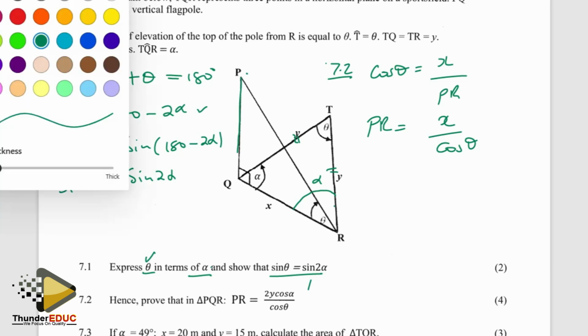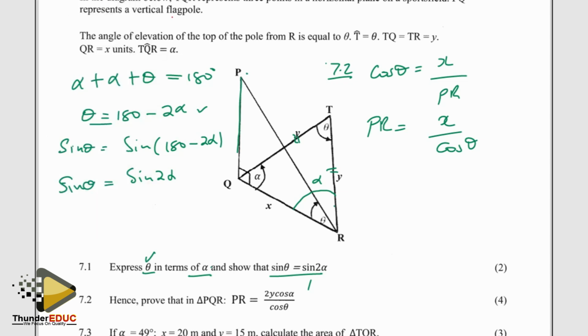So I'll go back to this triangle of ours and use the sine rule and say Y over the sine of alpha is the same as X over the sine of theta. And then I'll make X the subject, which is going to be Y sine theta over sine alpha.